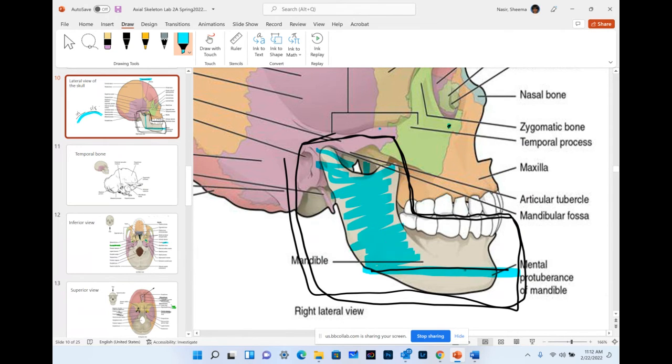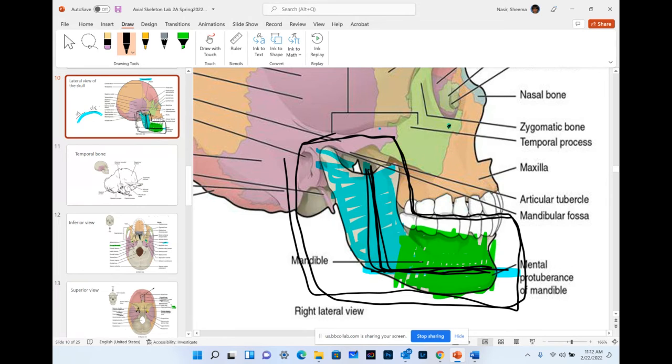This is ramus. Do you understand? What is body? This is body. Do you understand? So if you look at the entire thing, it's L-shaped. Horizontal of the L is body, vertical of the L is what? That is your ramus. Do you understand? So the bone is shaped like an L.